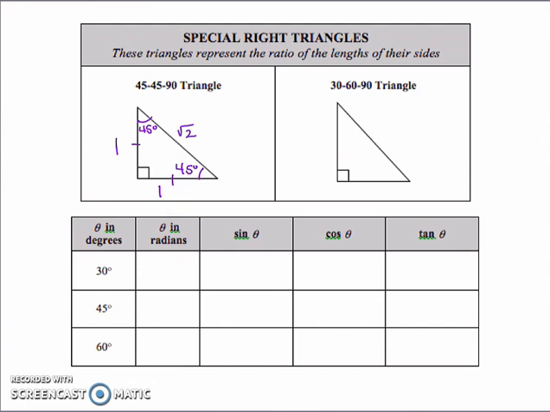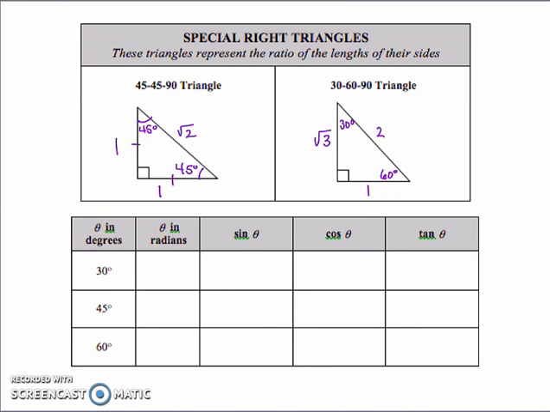In a 30-60-90 triangle, if we go ahead and label these sides, we know from our right triangle trig that the lengths of the sides here are going to be 1, 2, and the square root of 3.